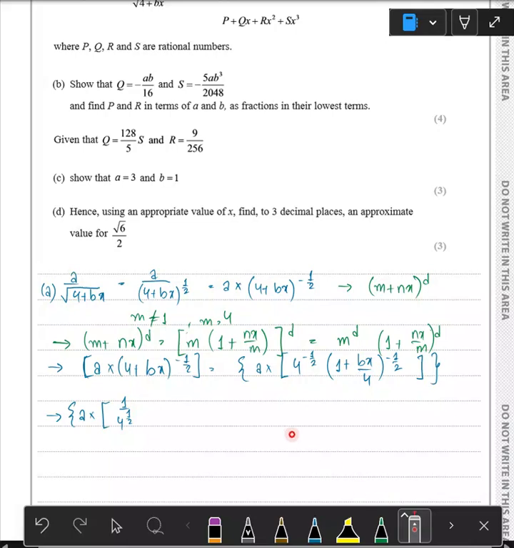The same thing I did here: when I multiplied it, I changed the polarity of the power. Now I'm bringing it into a division form. This was 1 multiplied by 4 to the power negative half, and now if I divide it, the polarity will change. Bracket 1 plus bx divided by 4, to the power negative half.